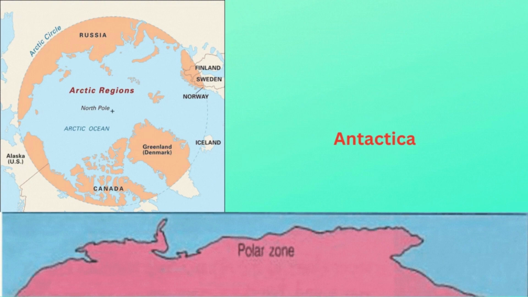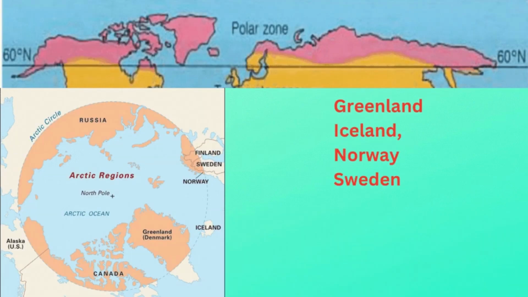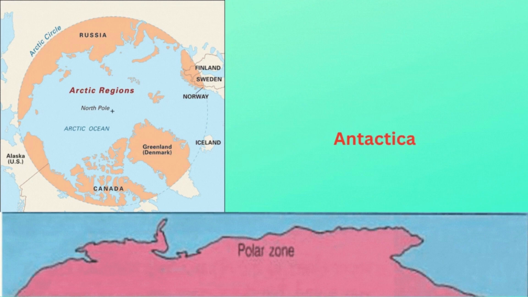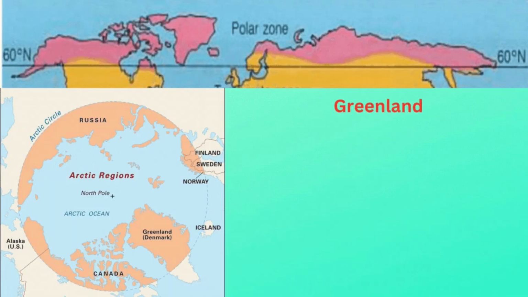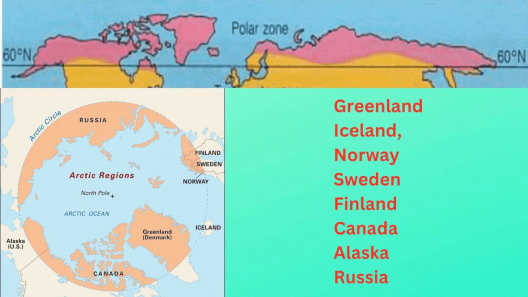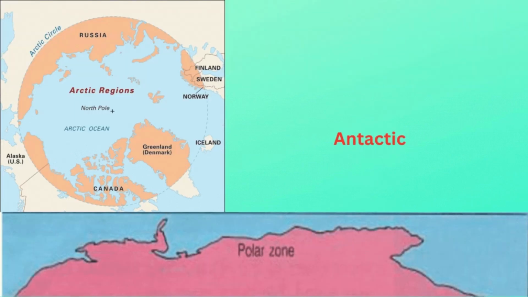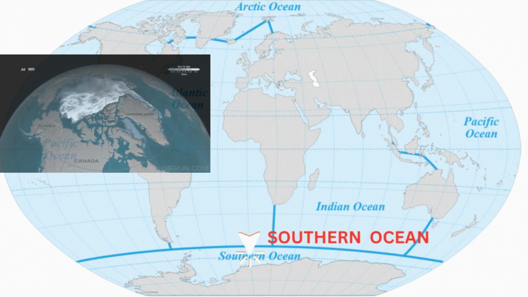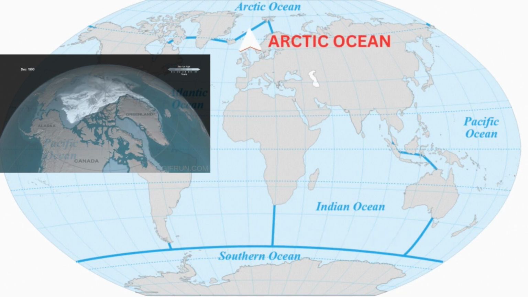Russia, which is located both in Europe and Asia, also has lands in the polar zone. In the south, Antarctica's landmass lies almost exclusively within the polar zone. There are 2 oceans in the Earth's polar regions.